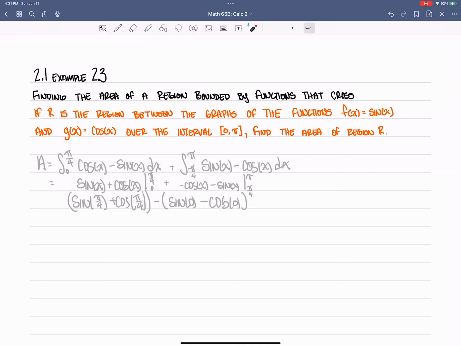Now all of this is done for this one. Let's work on the next one. Starting off with evaluating it at pi, plus we have negative cosine of pi minus sine of pi, and subtracting that from negative cosine of pi fourths minus sine of pi fourths.